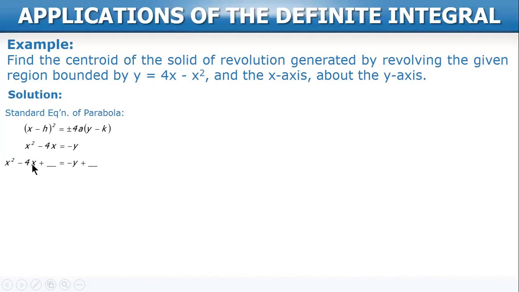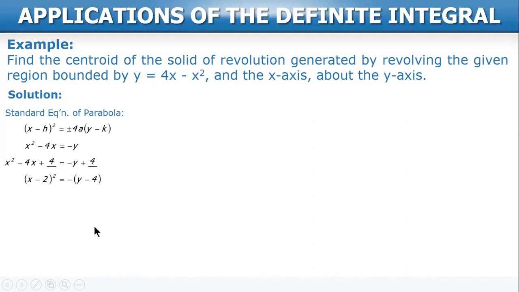So our third term is equal to 4 over 2, 2, and then squared, 4, and then we add the same numbers on right side, 4. So the left side is already a perfect square. X minus 2 squared. And then you extract the negative sign from y so it is in parentheses.